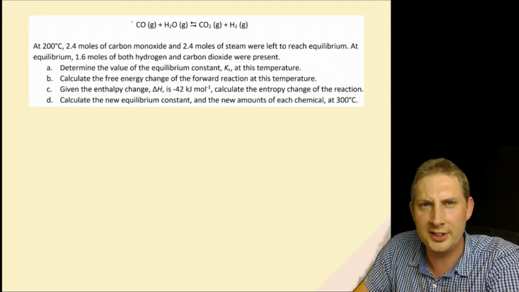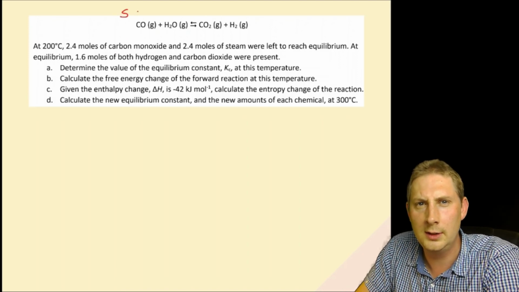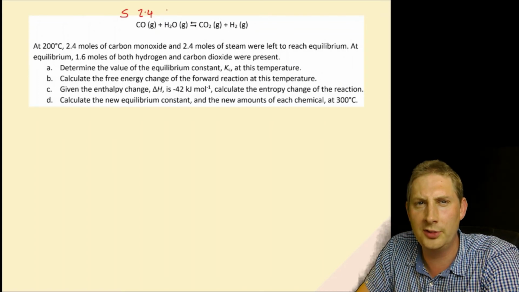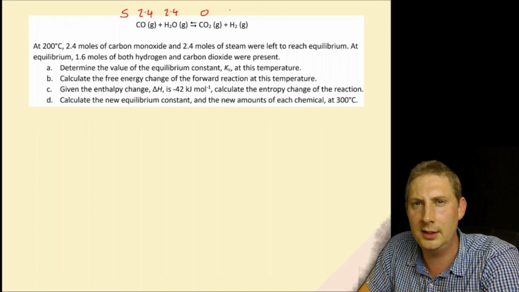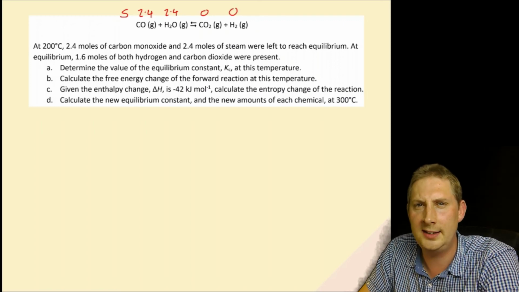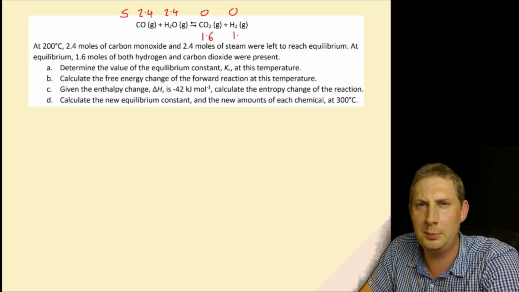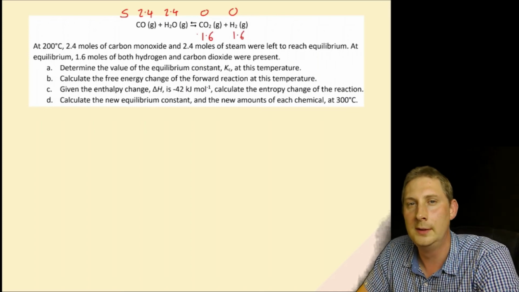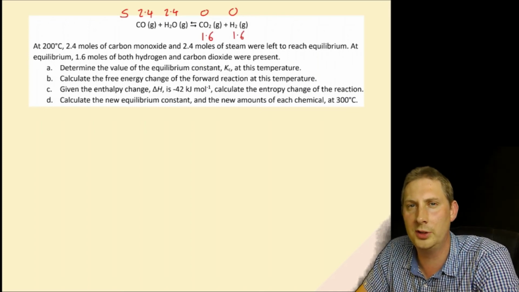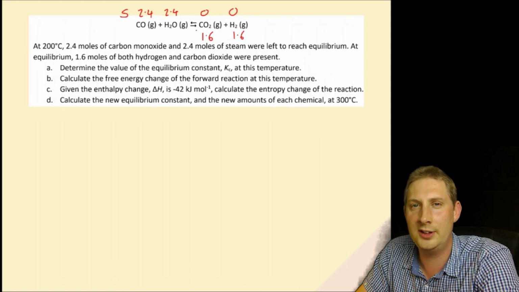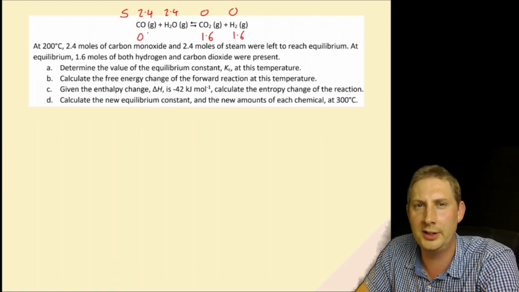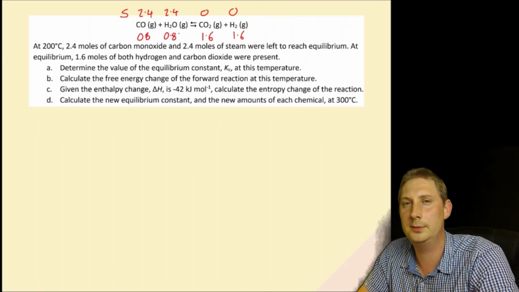Okay, so at the start, we've got 2.4 moles of that, 2.4 moles of that, and we've got none of that and none of that. At equilibrium, we've got 1.6 moles of CO2 and 1.6 moles of hydrogen. Well, one of those forms one of those, so if there's 1.6 of those, there can only be 0.8 of those, and there can only be 0.8 of those.